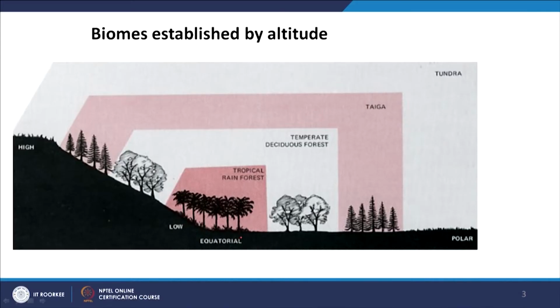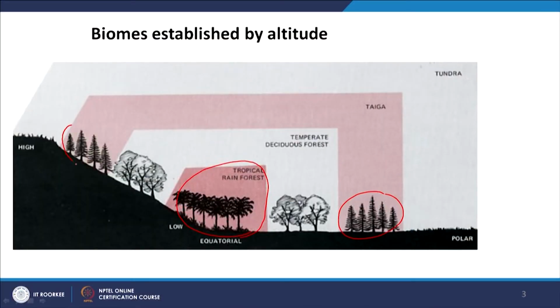Now, if you want to understand the biomes, how they are established by the altitude and what kind of plant communities you have: in the equatorial zones you have the tropical rainforests, and even in countries like India we see plants like palm trees and mangoes, different plant species that originated and grow over here.